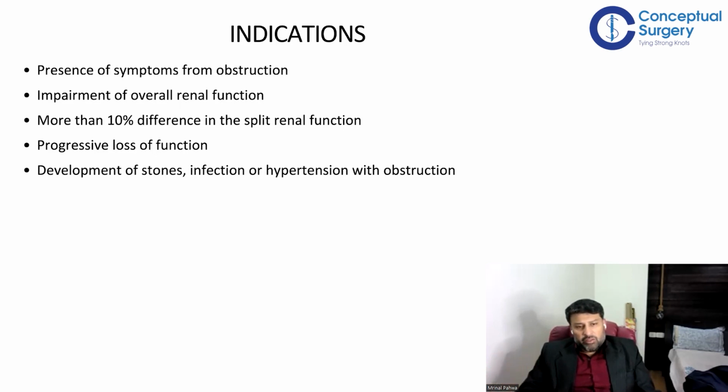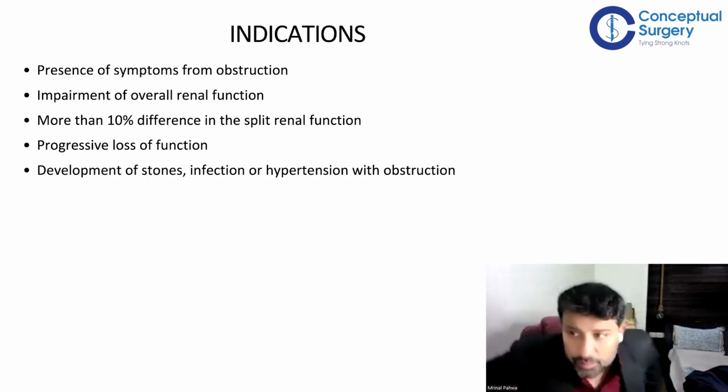If we trace the function over a period of time and see a progressive loss of function, that also becomes an indication for surgery. Other than that, if there is development of stones, recurrent infections, or hypertension with documentation of obstruction on nuclear renogram, then also we go for surgery.